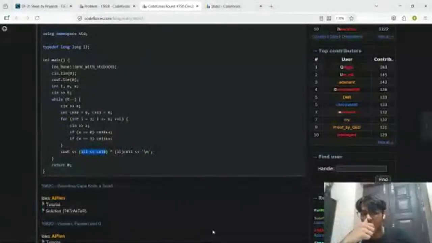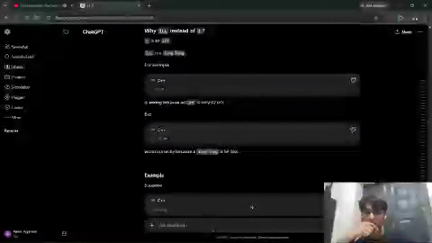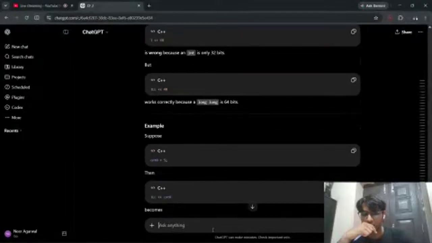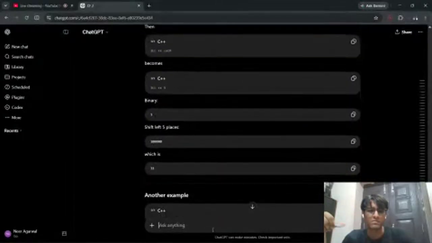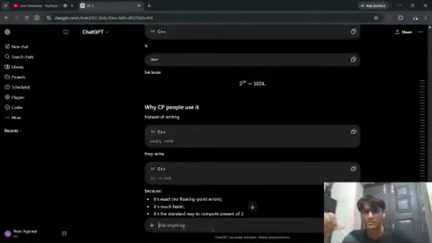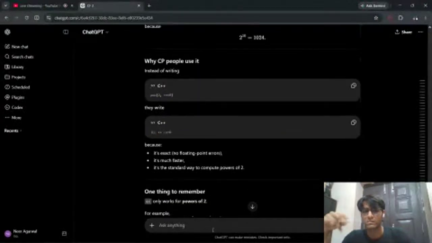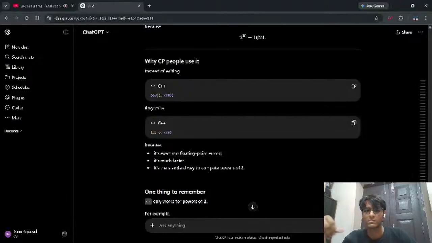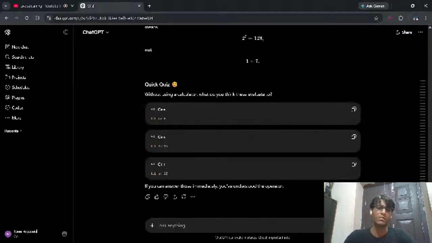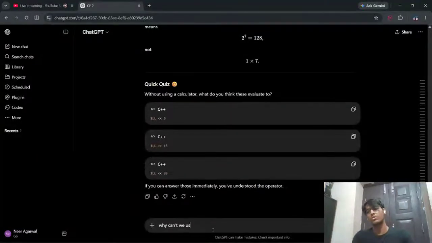And he would have also taken CNT as long. No, he didn't take. Can't we use one left shift three to compute eight instead of 1LL?